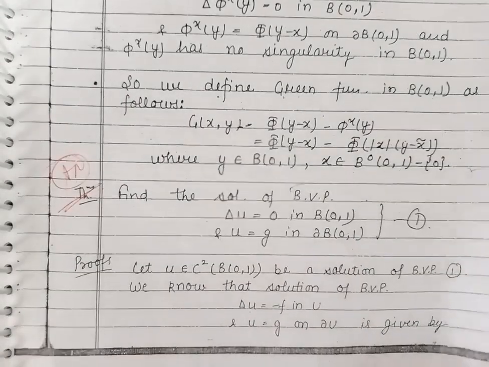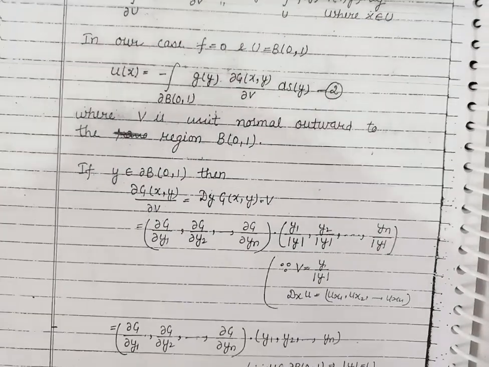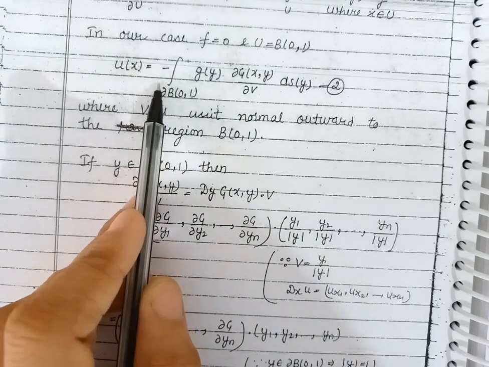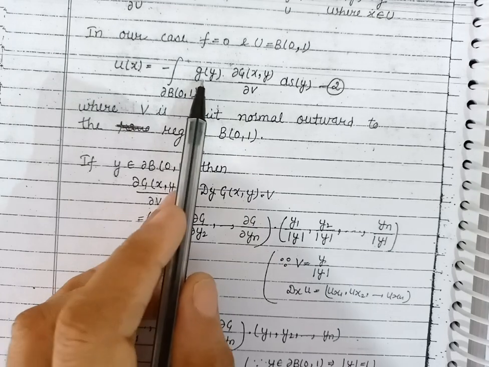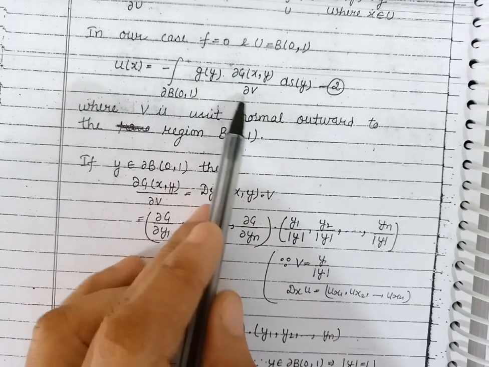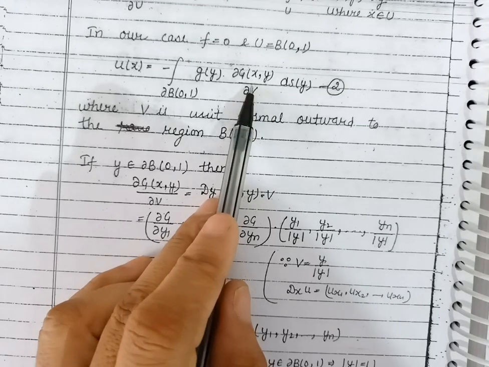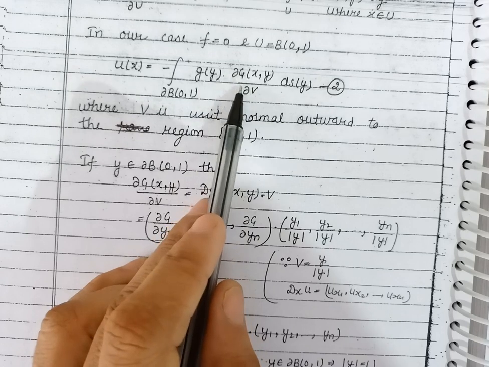So in that formula, if we put f equal to 0, we get the value of u at x, which is given by minus the integral over the boundary of the unit ball of the function g into ∂G/∂ν. Here ν is the unit outward normal vector to the unit ball.